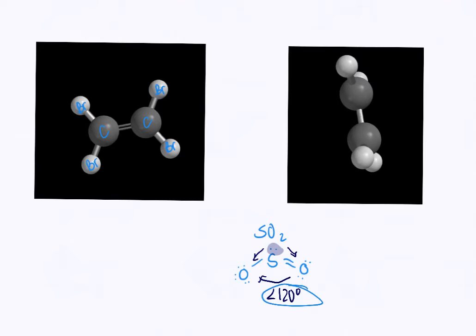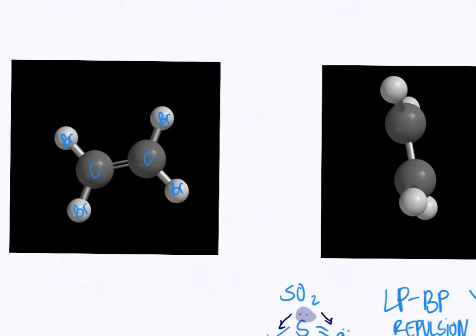This angle happens because lone pair-bonding pair repulsion is greater than bonding pair-bonding pair repulsion. Sulfur dioxide is just a brief explanation of what would happen if a trigonal planar has a lone pair or a free radical. Back to our original molecule, tetrabromoethylene.